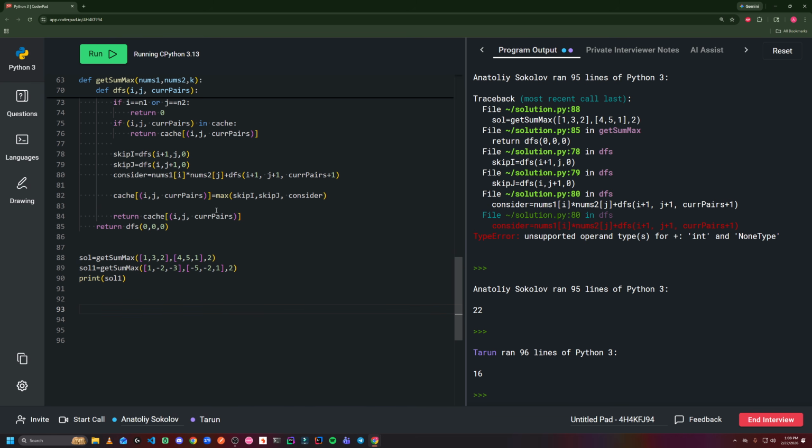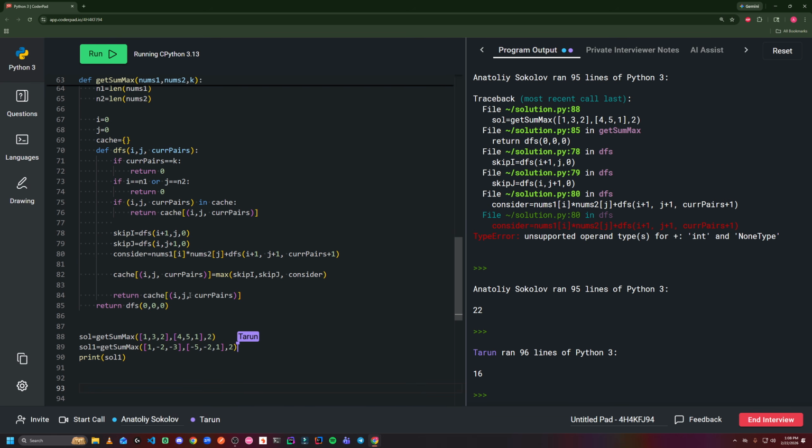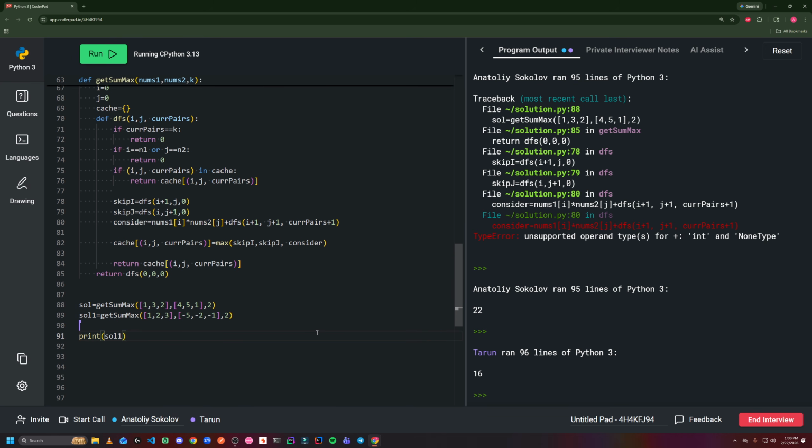Okay. I think I know there's an error, but I'm trying to figure out how to... Okay, I think I have an idea. So why don't we try this one? And you can let me know if you figure out what the error is. So what should this be? So here we have negatives.